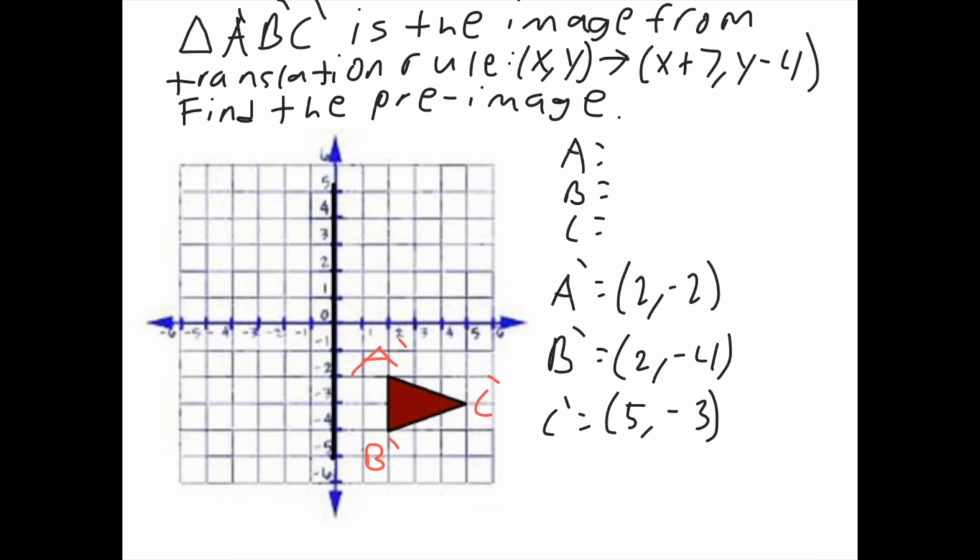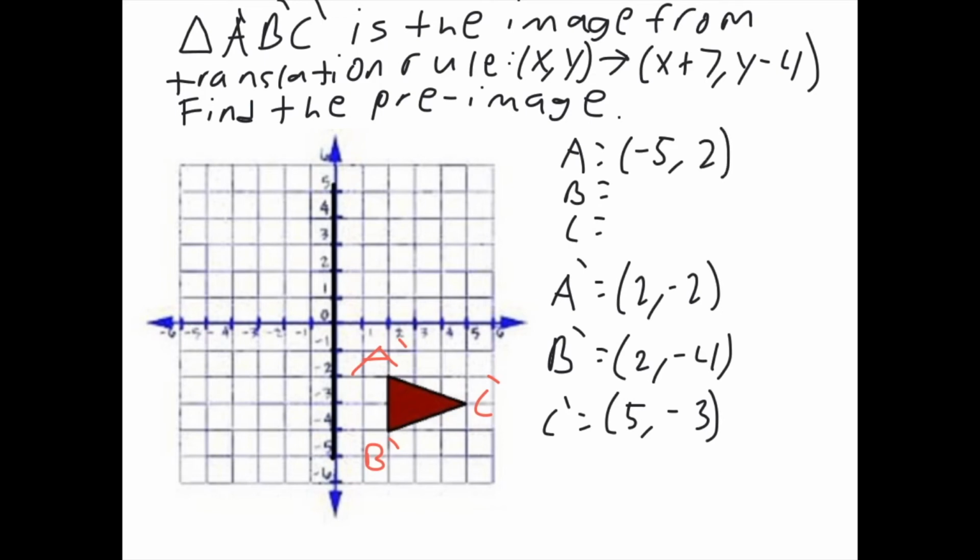So 2 minus 7 will give us negative 5. And then we see here that A prime was negative 2 for the y-coordinate, and we had a y minus 4, so that means we do the opposite and add 4. So that'll give us 2.